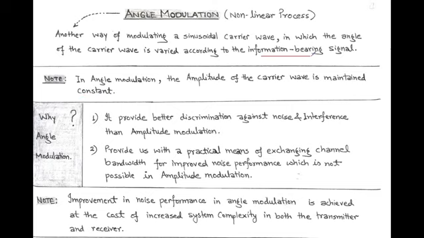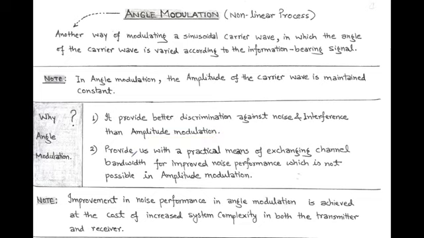Now, one question arises in our mind: why do we need angle modulation, as we already have the amplitude modulation technique? The answer is, angle modulation provides better performance or discrimination against noise and interference as compared to amplitude modulation.